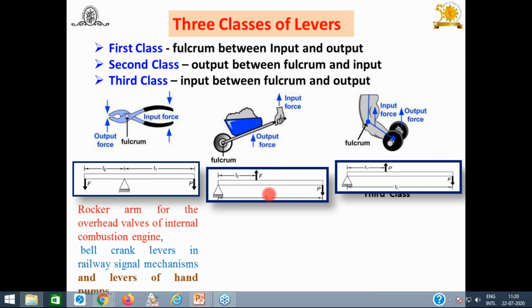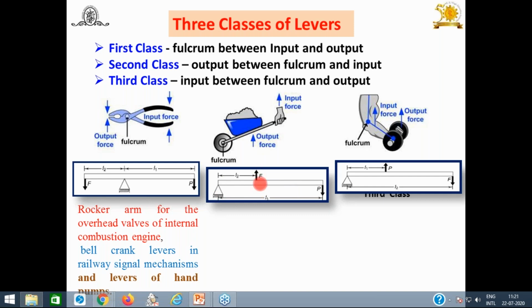Then look at the second type of lever, or second class lever. You will find here the output force is in between the pivot and the input force, that is the effort P. Look at this diagram. This is the effort P, here is the pivot, and the output force is in between the input and the pivot.